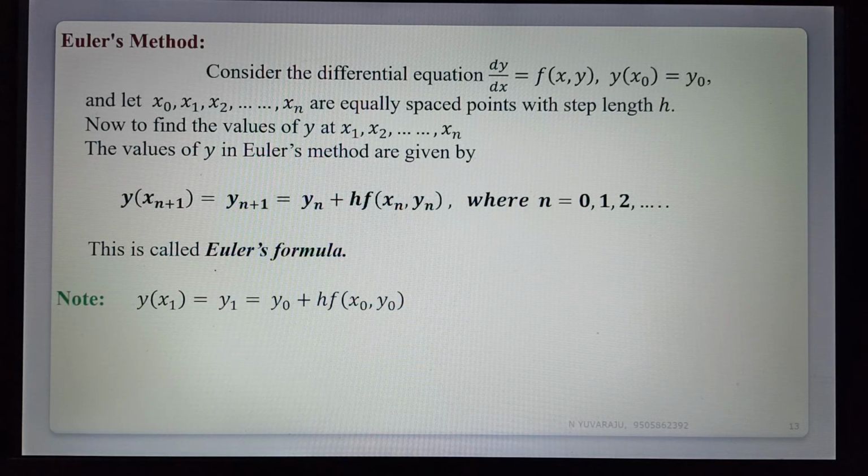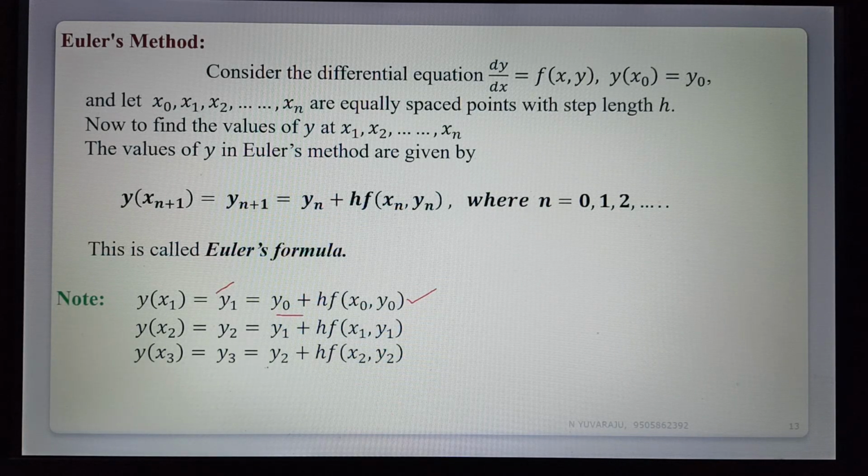Note that the first value y1, which is y of x1, with n equal to 0, is y0 plus h into f of x0 comma y0, using x0 comma y0 to find y1. Next, y of x2, that is y2, is y1 plus h into f of x1 comma y1, using the previous values x1 comma y1.